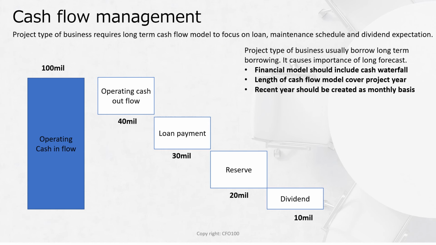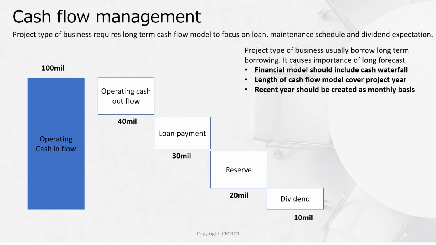If you only have short-term cash management methodology, you cannot comply with these large cash out items. CFO need to take care of longer-term cash flow with using this waterfall model to preserve some amount of cash on this project type of business.